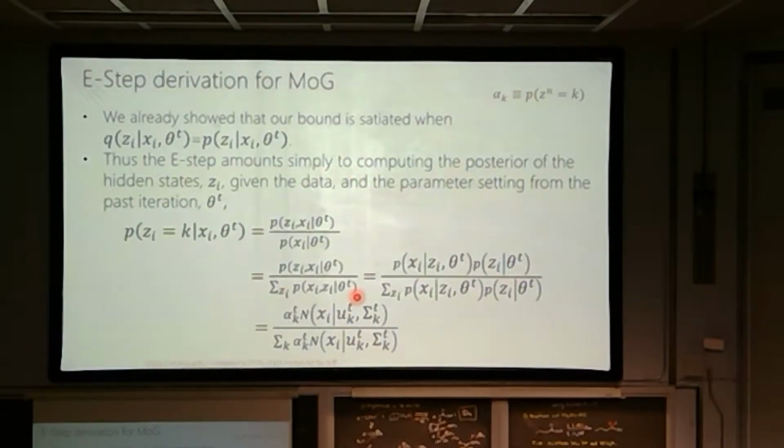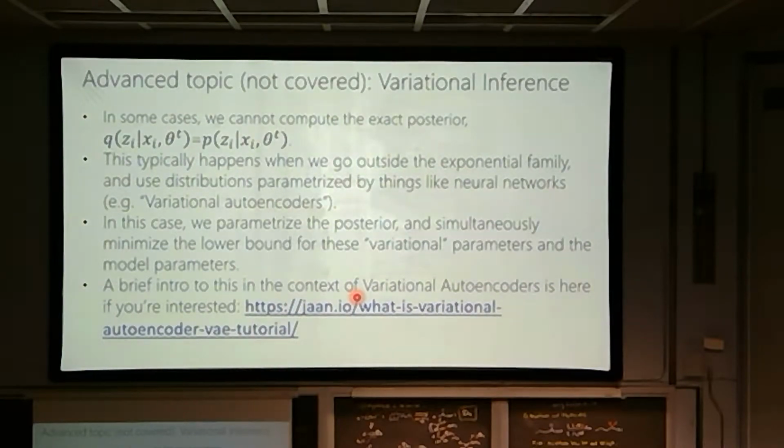Okay, so I said that this was useful. It's a useful foundation also for more advanced models, and just to give you a taste of that, we won't do it in this class. The key step here was the E step, where we set Q to the exact posterior. In the case of the mixture of Gaussians, we could do that using Bayes' rule. It was a very simple statistical procedure.